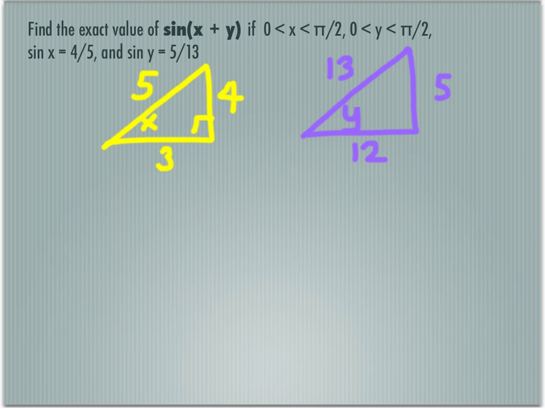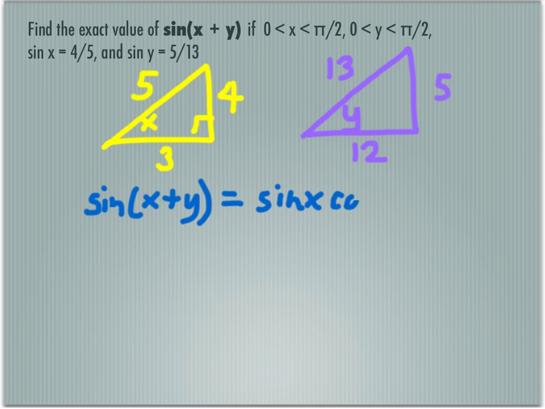Now I'm just going to expand out the sine formula here. So the sine of x plus y will be the sine of x cosine of y plus, notice that the sign is the same when we expand this out, cosine of x and sine of y.